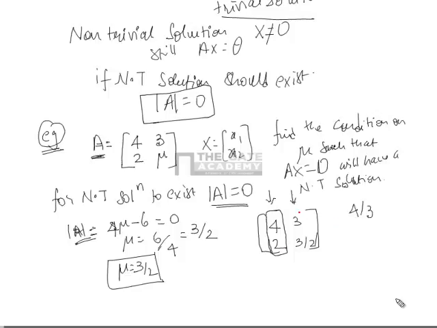If I multiply the second column by 4 by 3, it will give me the first column. What is 4 by 3 into 3? It is nothing but 4. What is 4 by 3 into 3 by 2? This is nothing but 2. Which is nothing but 4, 2, the first column.